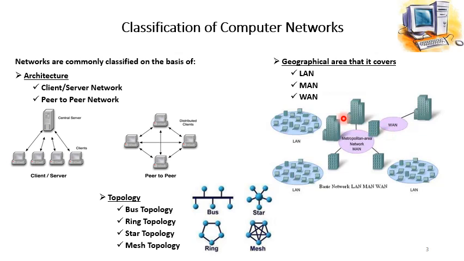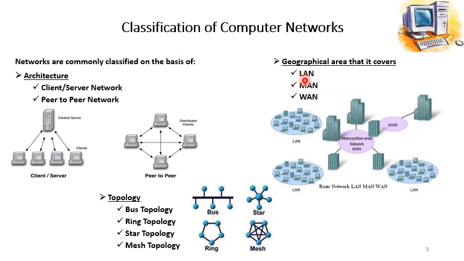The best example of WAN is the internet, and the best example of LAN is the network in our school or college or university, while the best example of MAN is the network between the different branches of a bank, or between the different military units throughout the country. That is the example of MAN, metropolitan area network.